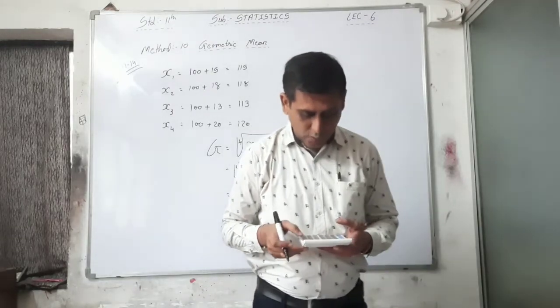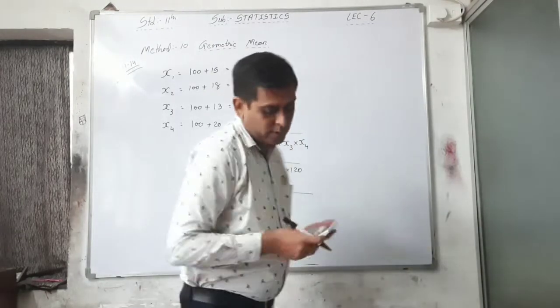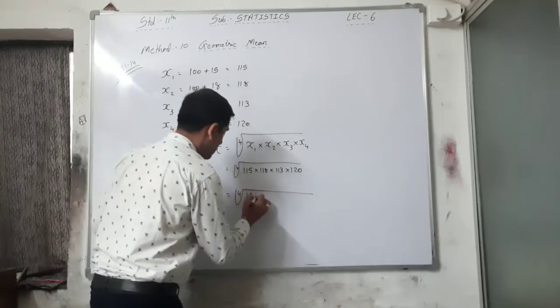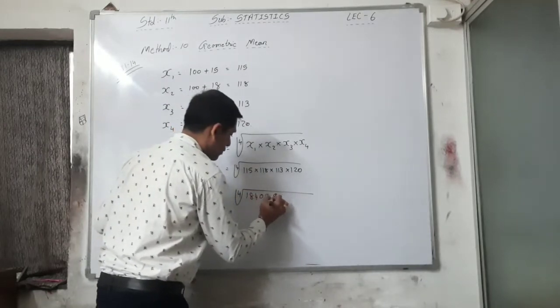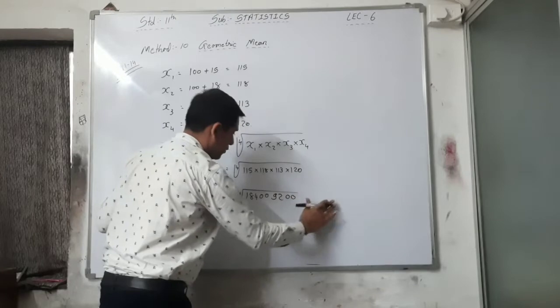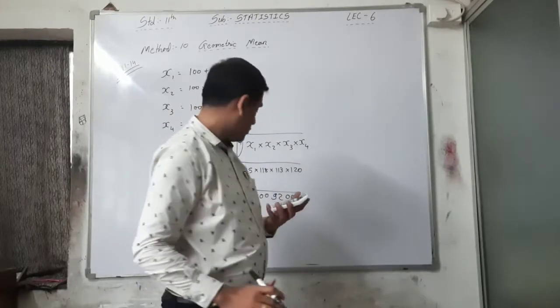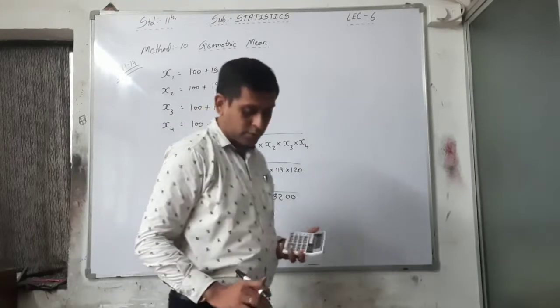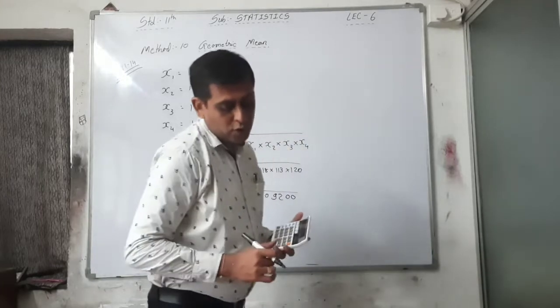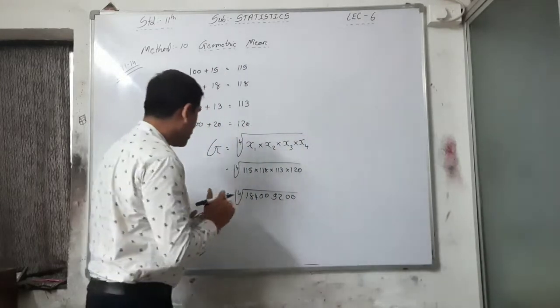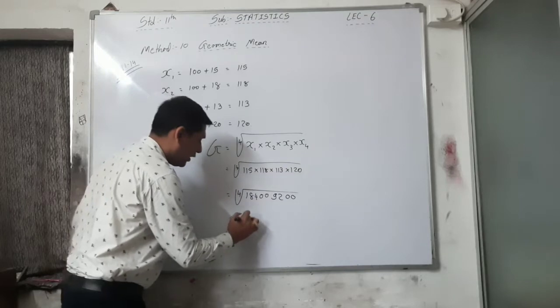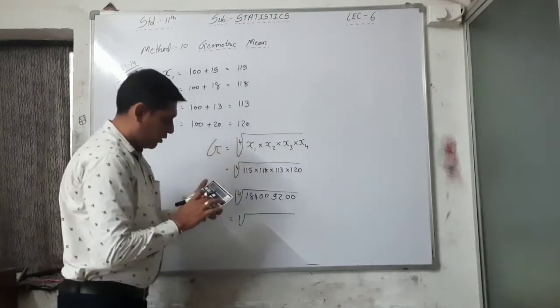So the answer is 184,092,00. Okay. So now first of all we have to find one square root. Only one square root, that is here.